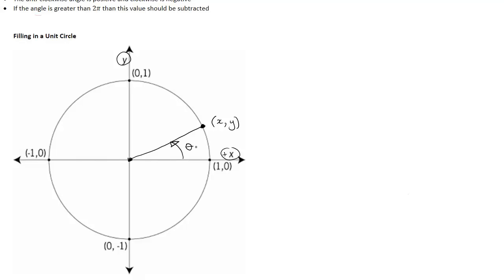Because I've moved anti-clockwise in this case, anti-clockwise is a positive angle in trigonometry, and clockwise would be a negative angle. Sometimes you've got, say, negative 60 degrees, so you move by 60 degrees this way, and you'll be somewhere most likely over here on the circumference.